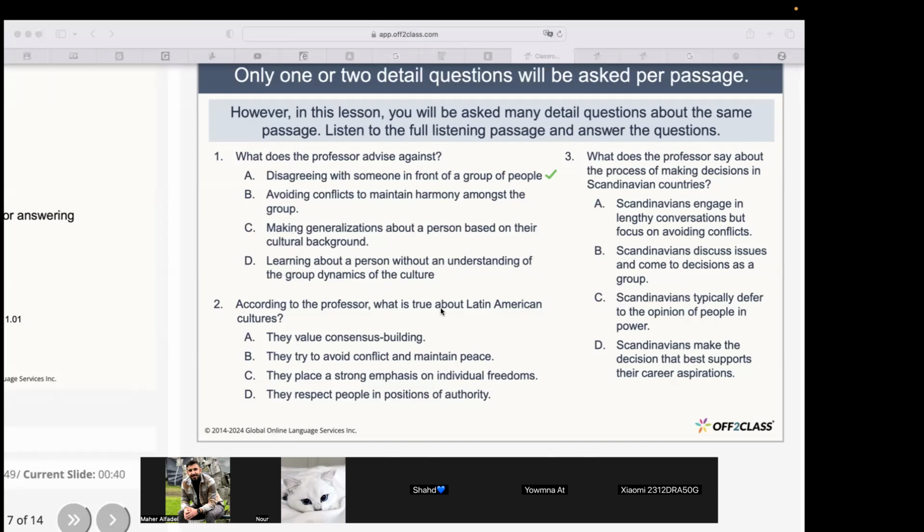Maybe A. So, number 3, what does the professor say about the process of making decisions in Scandinavian countries? Which of these options are contradicting? What do you guys think? A. Let's find out.